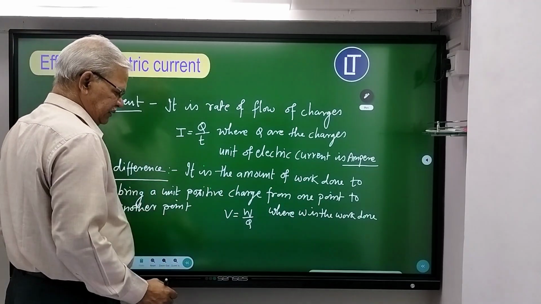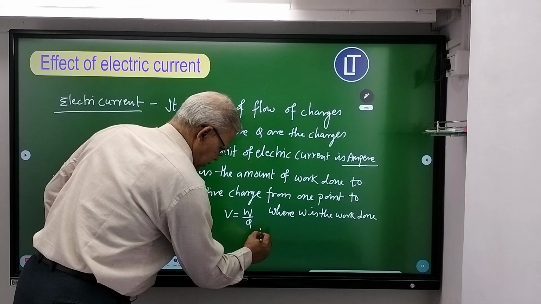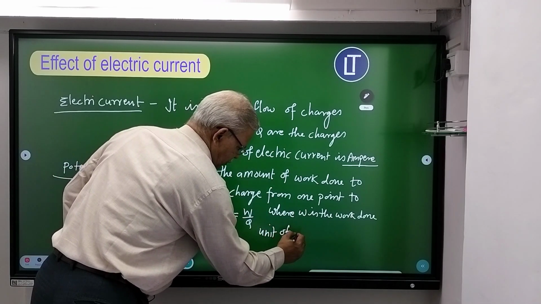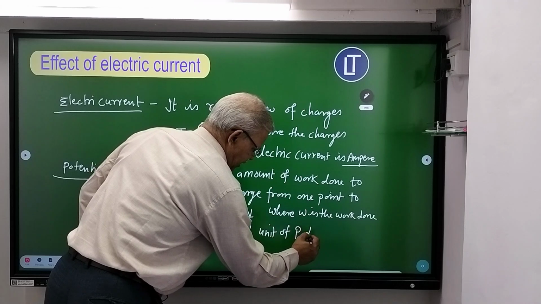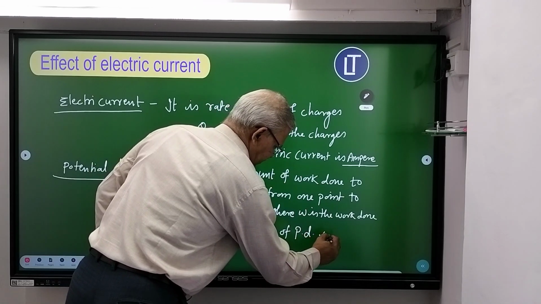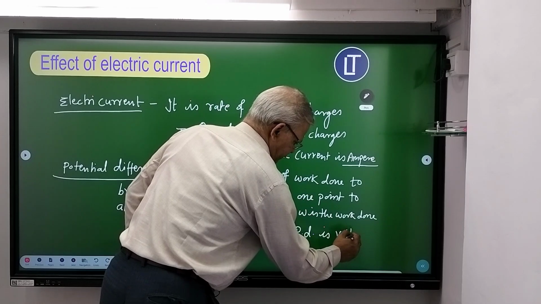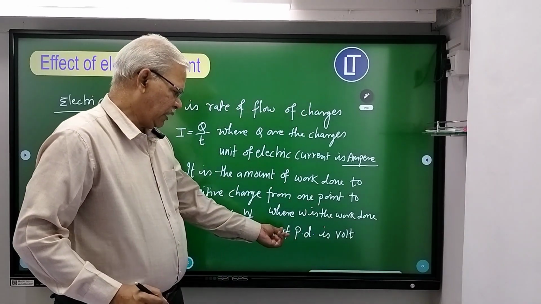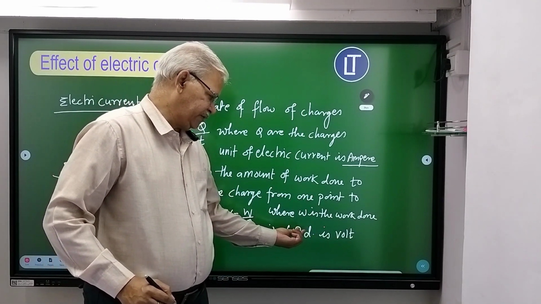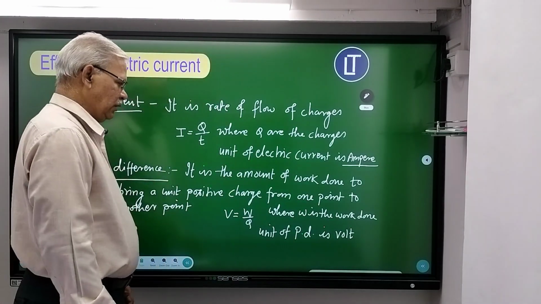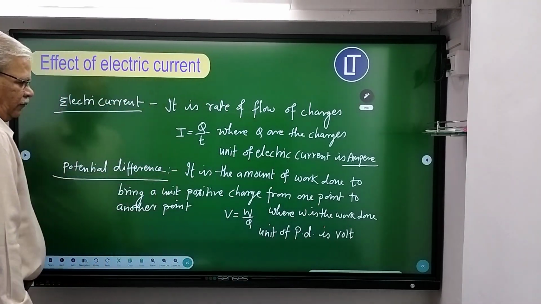Unit of potential difference, PD, is volt. Okay, it is measured in volt.